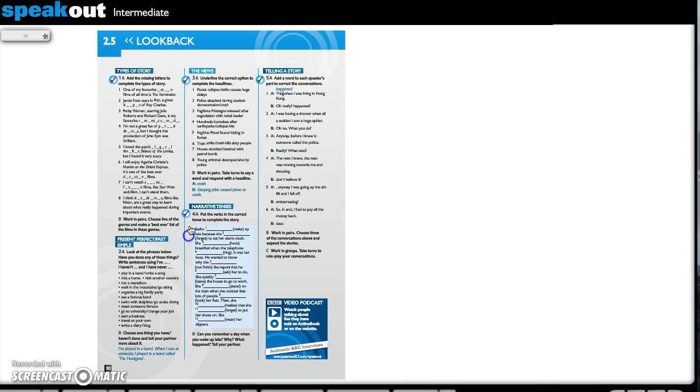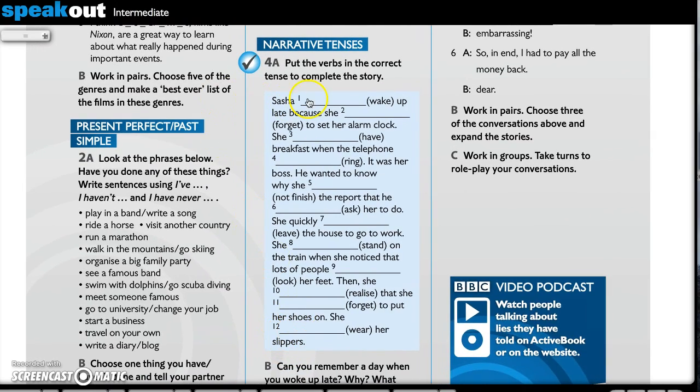Next, activity number 4A, narrative tenses. You are supposed to put the verbs in the correct tense to complete the story. You have the verb within brackets here, and this is the verb that you need to put in the right tense.